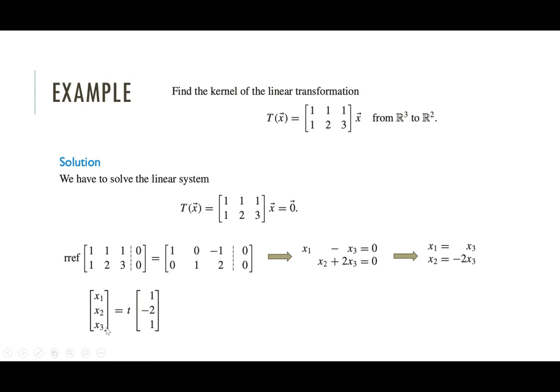It's all vectors x1, x2, x3 that are multiples of the vector (1, -2, 1).